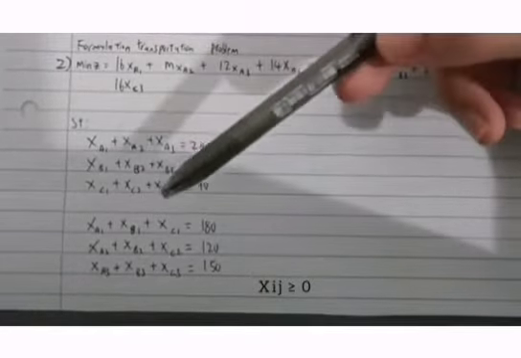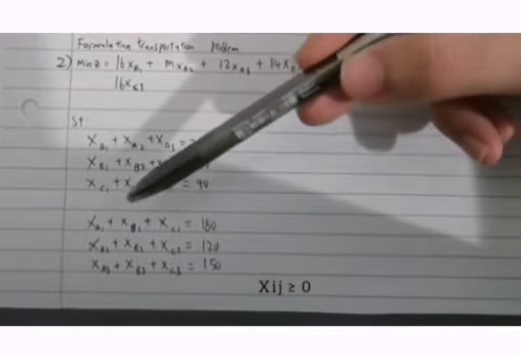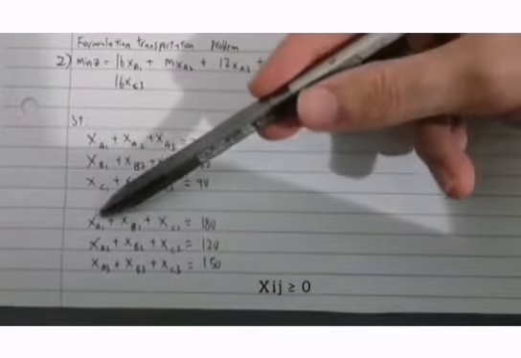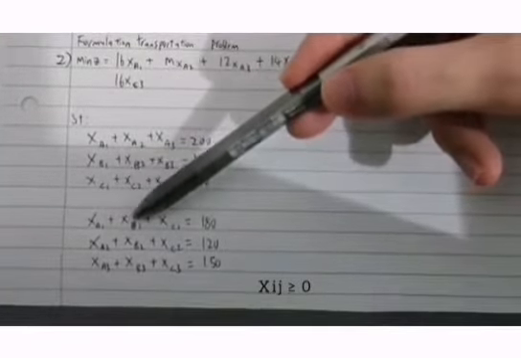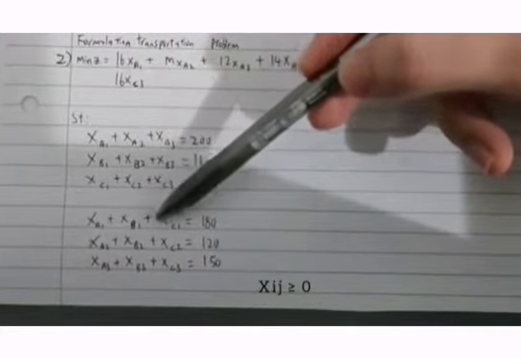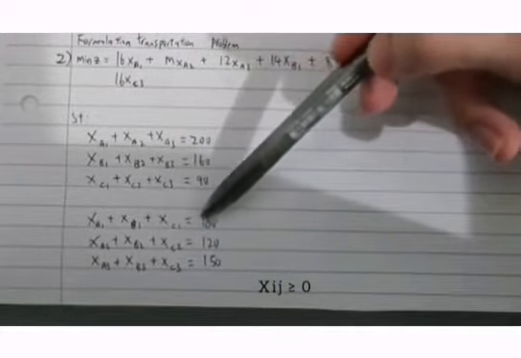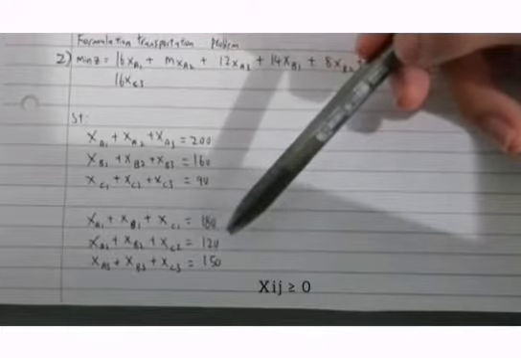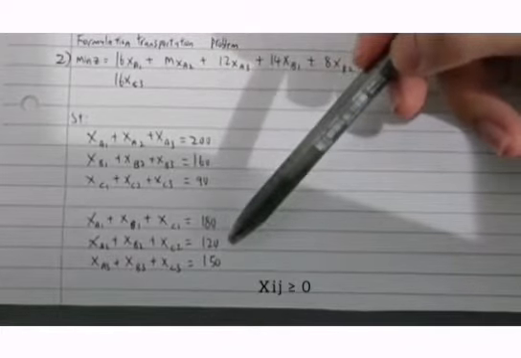And also need to write the demand formulation, like xa1 plus xb1 plus xc1 equal to 180, and we continue to write all the formulations below.